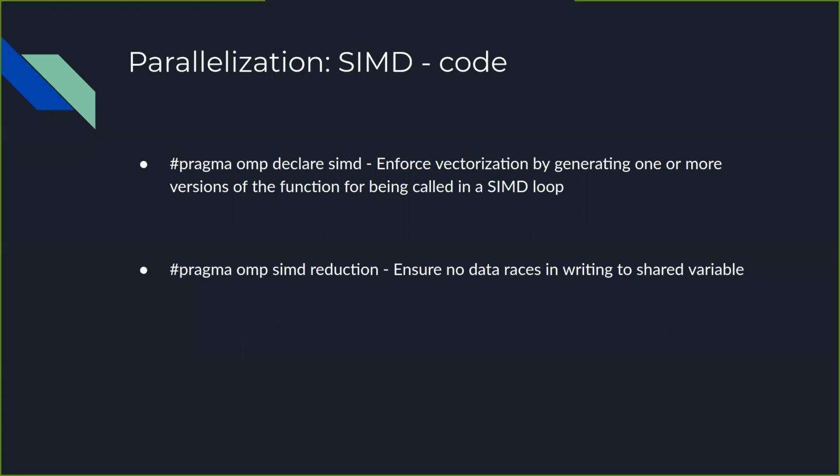So, for example, if you're working on a function which is to be called on a vector, you can declare that function as a SIMD function, and you can automatically get three versions of the function, and the compiler will check at runtime if there is dependence between data provided to the function or not.